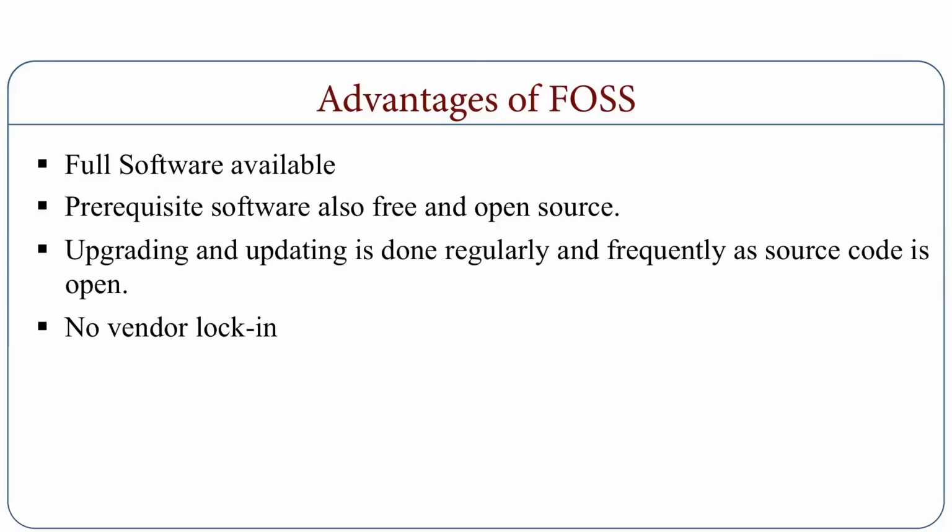Also, there is no vendor lock-in for updations or upgradations. For proprietary software, you have to wait till the company or the person or organization updates or upgrades the software. The advantage with free and open source software is that there are many people involved in this movement, many software developers. So anybody can pick up the source code from the concerned website and modify, improve or customize the software.